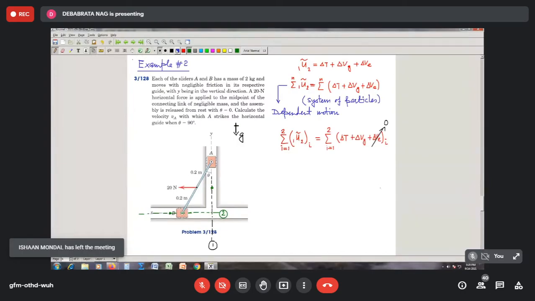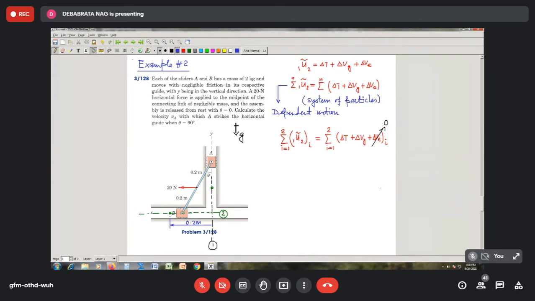What is the distance the midpoint travels from state 1 to state 2? It will be 0.2 meter, because the length of the rod is 0.4 meter.